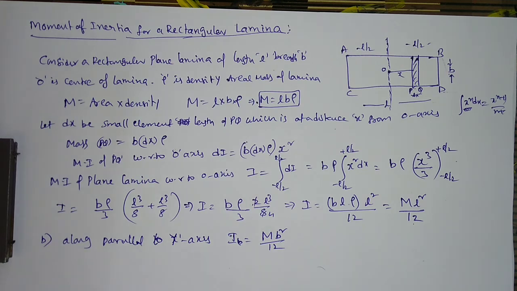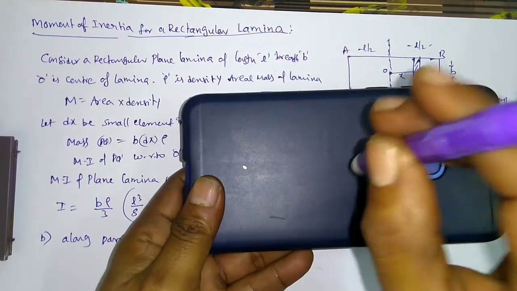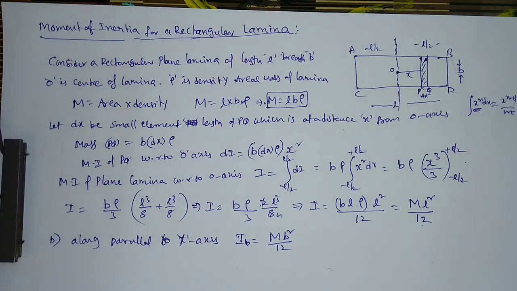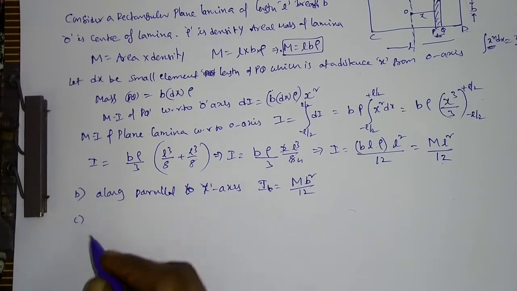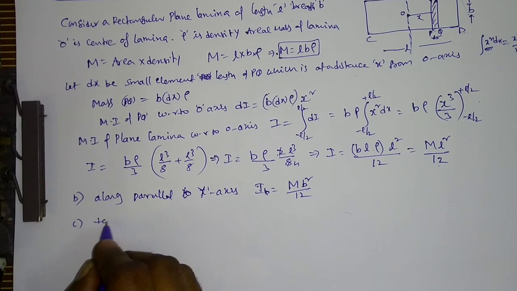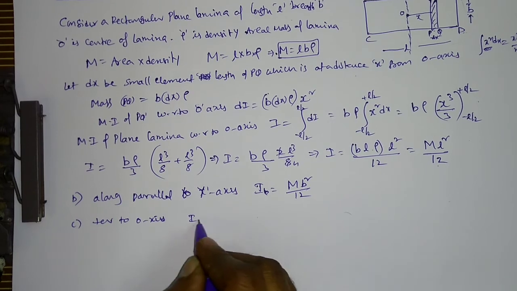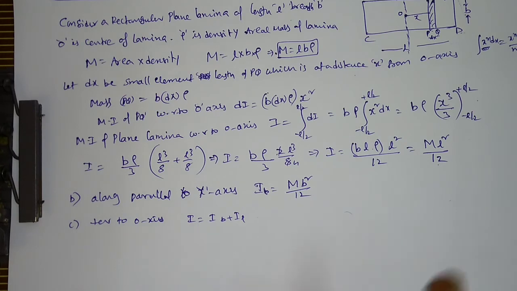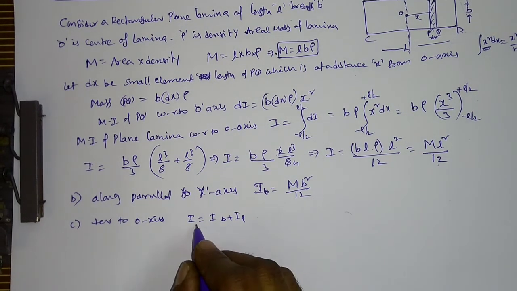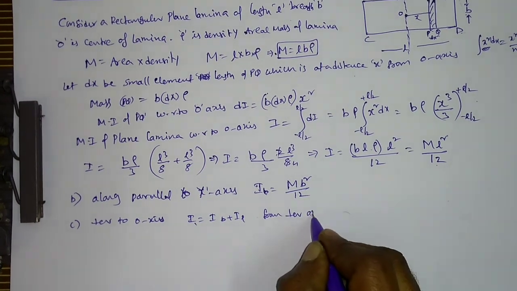Suppose it is moving perpendicular to the plane like this, then what is the moment of inertia? For this you can use the perpendicular axis theorem. So according to the perpendicular axis theorem, the moment of inertia I is equal to the sum of those with respect to the length and the breadth, that is Ix and Iy.